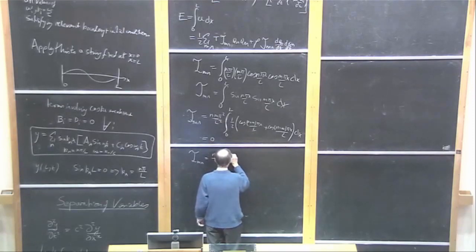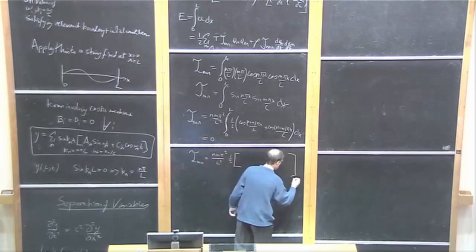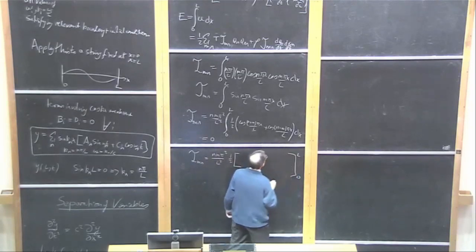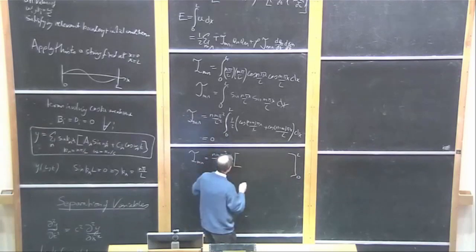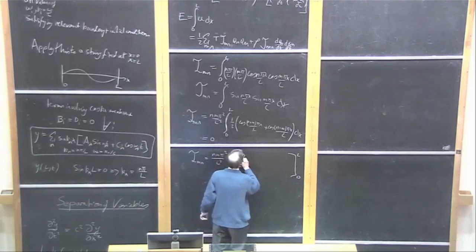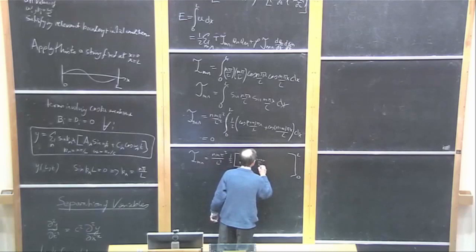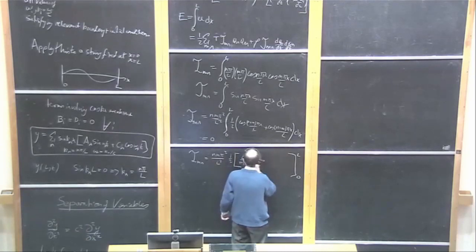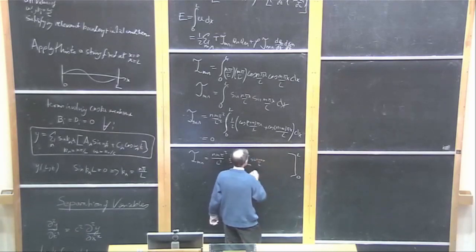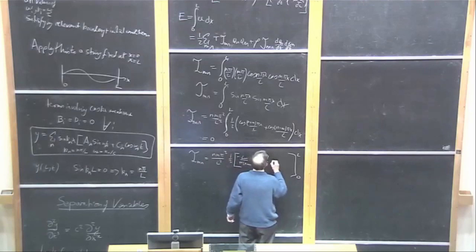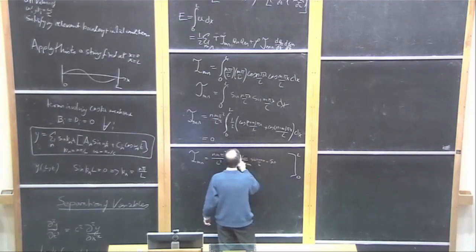So it will be 1/2, from 0 to L. So this will turn into L over pi (n plus m) sine (n plus m) x over L, and there'll be an overall minus sign somewhere. Oh no, wait, cos integrates to plus sine, doesn't it?